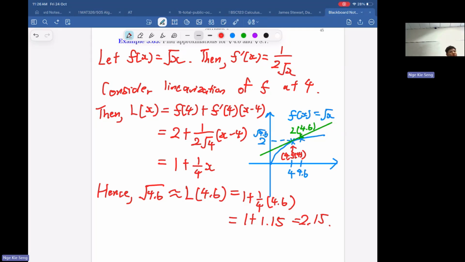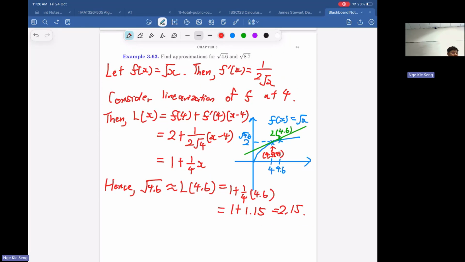Go and try. Do you have a calculator? You can type in square root 4.6. How far does it deviate? Can you tell me how far it deviates from square root 4.6?